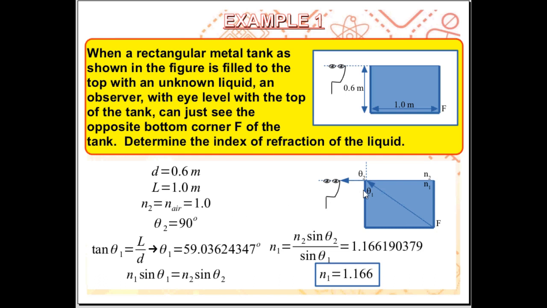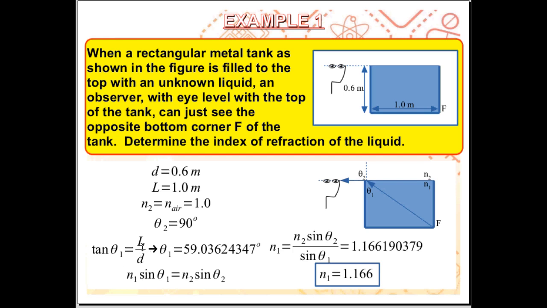We know the length adjacent to theta 1 is the depth D, and opposite theta 1 is the length L. Using our SOHCAHTOA, using the tangent function, we are able to calculate the angle of incidence theta 1.